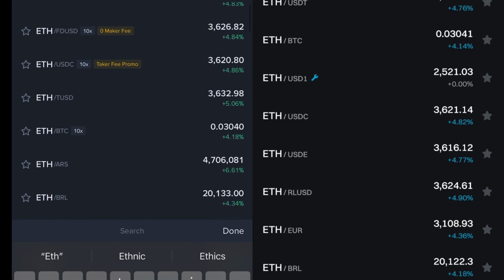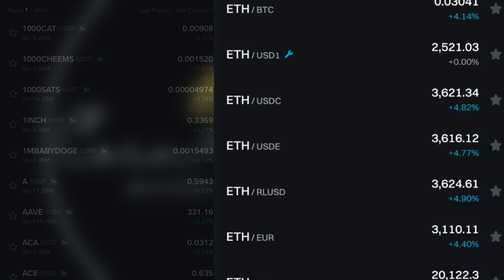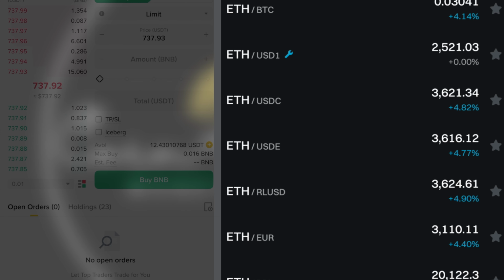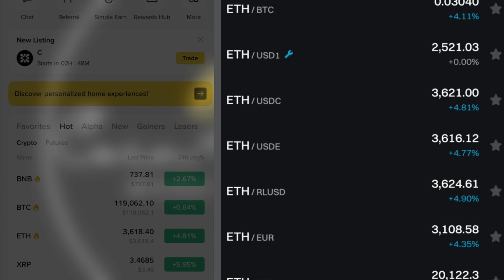But regardless, let's go ahead and forget about Binance. Let's just say Binance doesn't exist right now, or that we don't want to use Binance. You can actually do this whole thing using just your normal Bitget exchange, simply by looking at the prices right here.